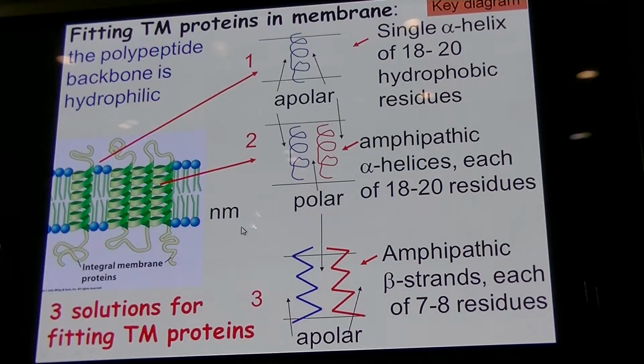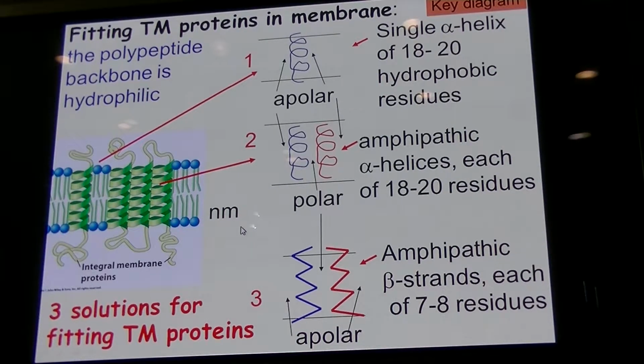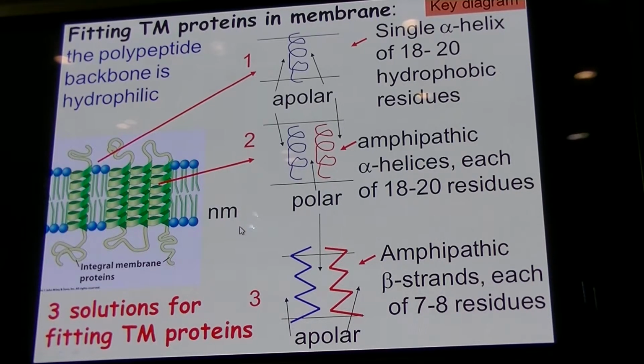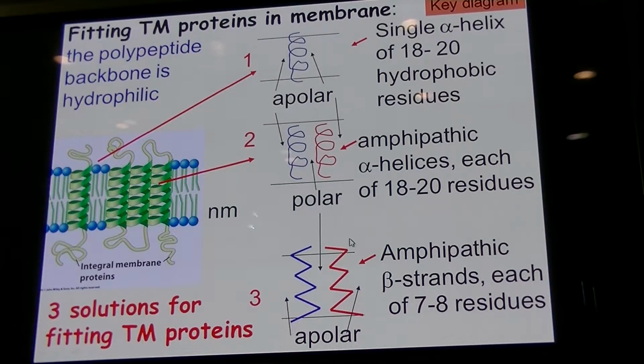So there's yet another possibility, because you can also cross the membrane as a set of beta strands. But then you need a whole lot of beta strands together. You need just 7 to 8 residues to span the membrane, because the beta strand is much more extended than the alpha helix. It takes 7 to 8 amino acids.